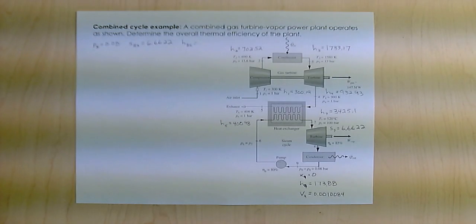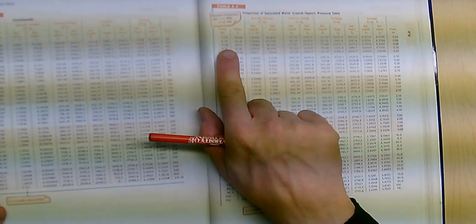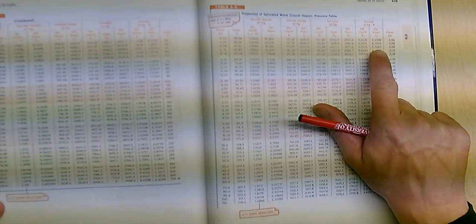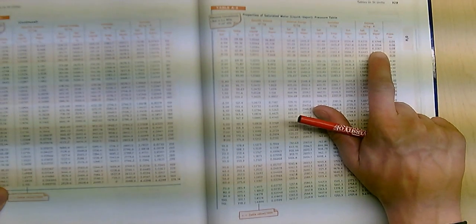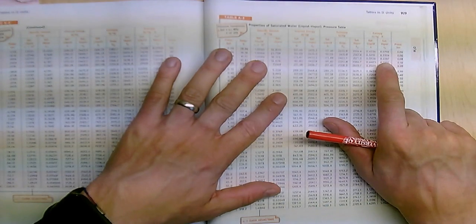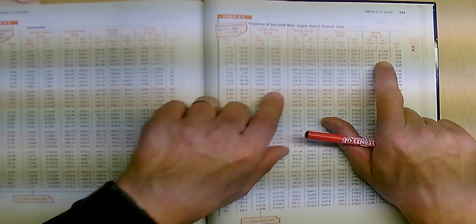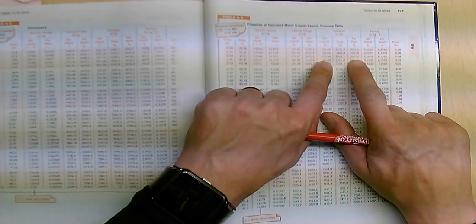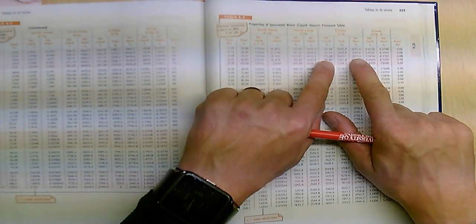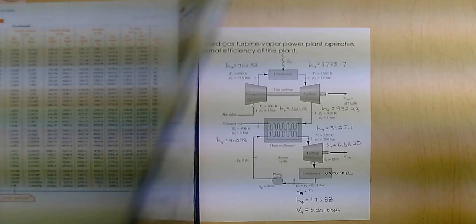I see that I'm within saturation because the high here at 0.08 is 8.22. I'm at 6.66. So I do the interpolation, and I find that my enthalpy is 2084.1.